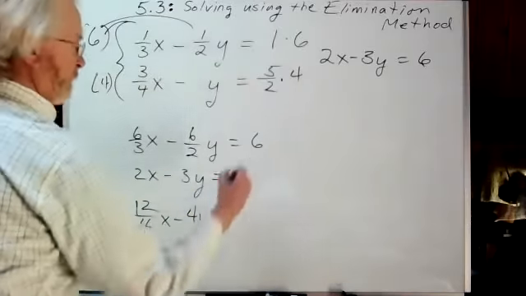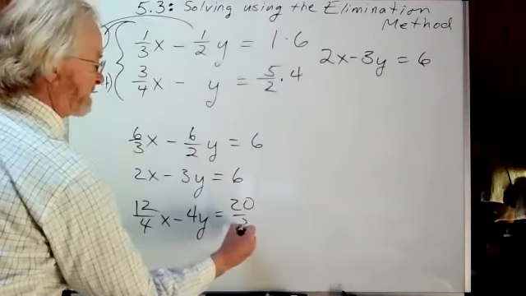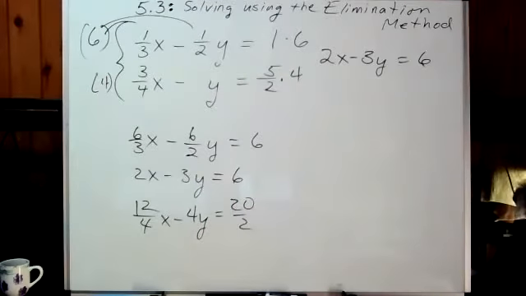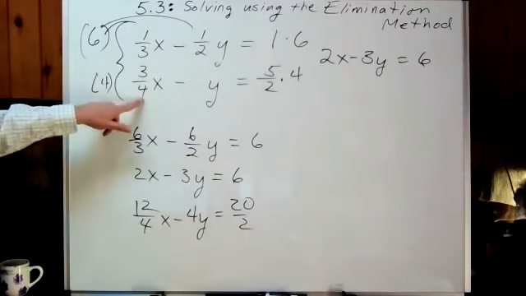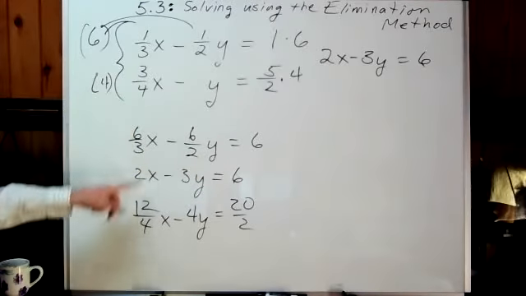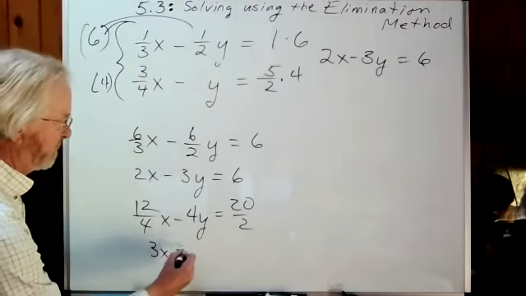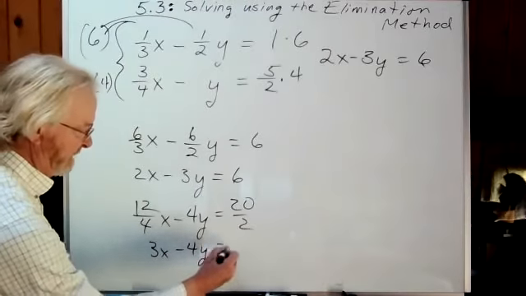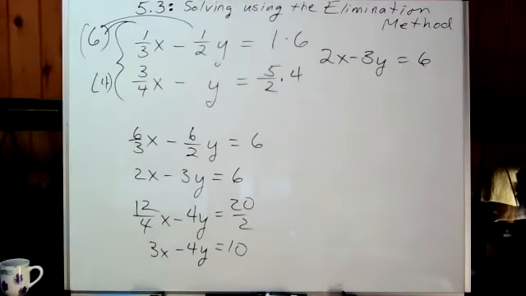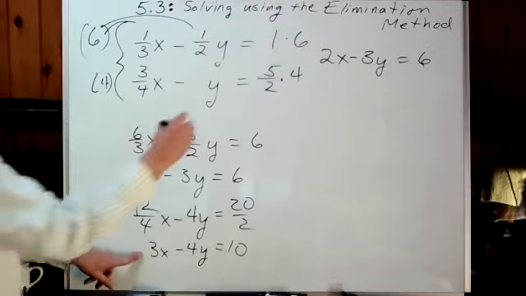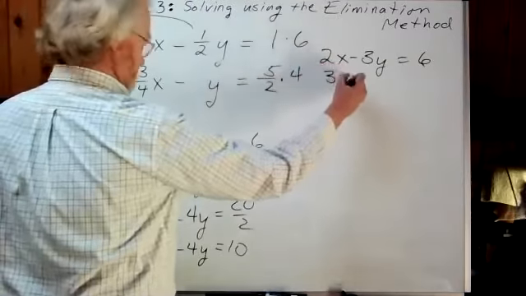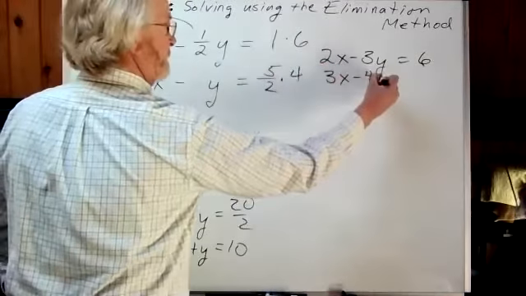Now over here, I'll get 20 halves, right? So I chose that number carefully, so that these should simplify the whole number. So I get 3x minus the 4y didn't change, equals 10. So then I'm going to just write that one over here now also. Got rid of the fractions from that one.